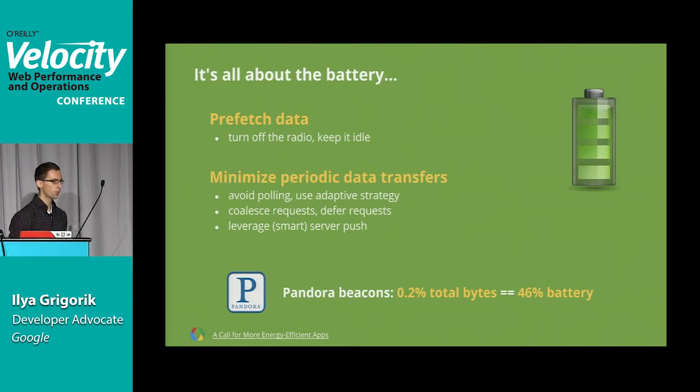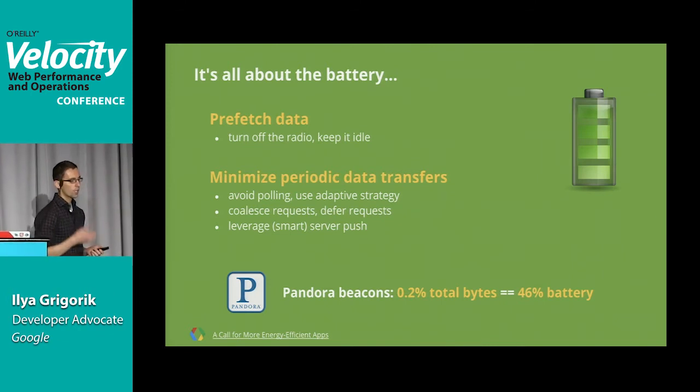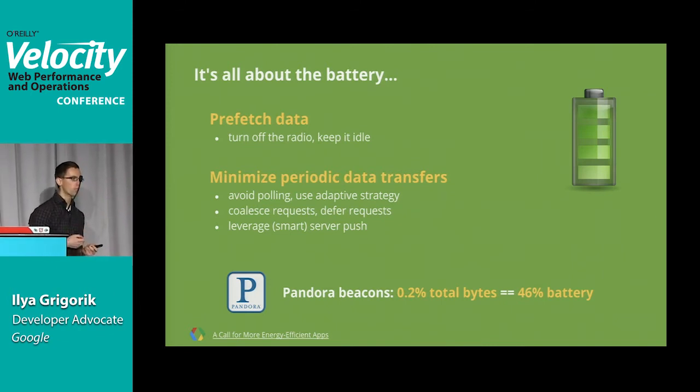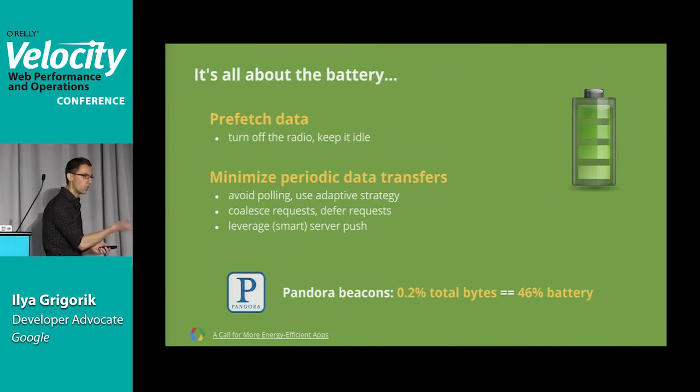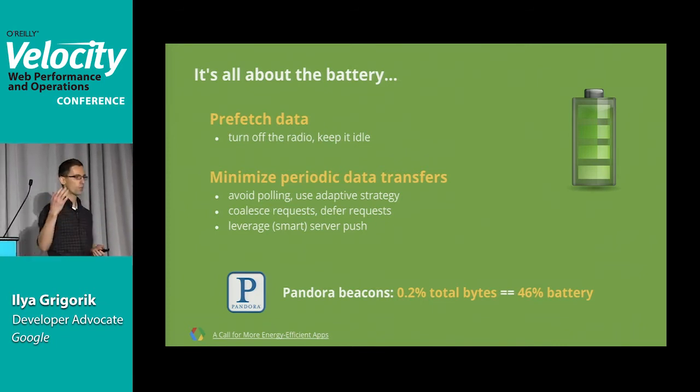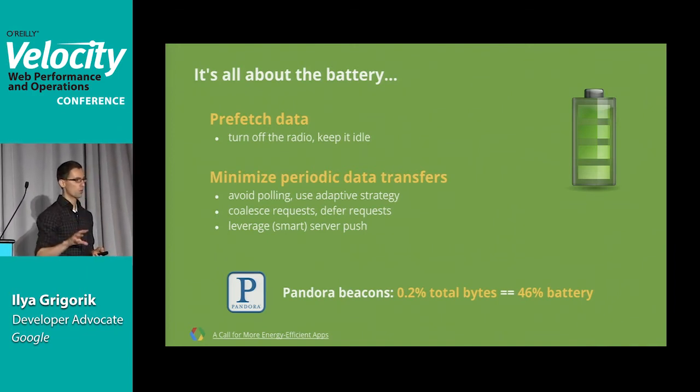So one of the things you want to do is prefetch data. As I said earlier, mobile networks are optimized for bulk data transfer. So let's say you're building a news site, and you have a number of stories that you fetch originally, and then there's a bunch of images associated with each.